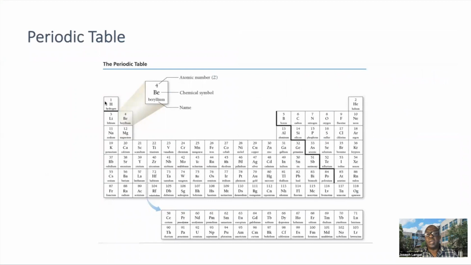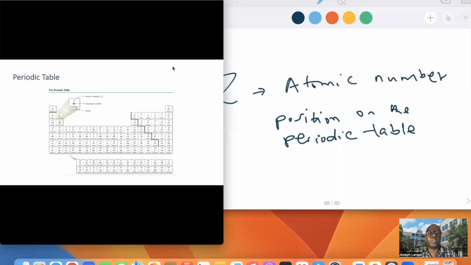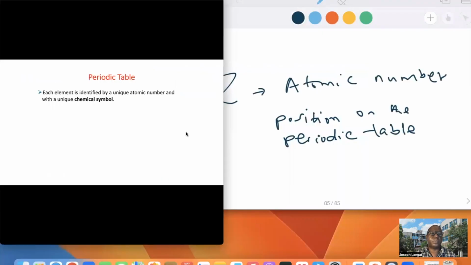Learn the names as early as you can. Here on this slide, I have the periodic table with the names as well as the chemical symbols. You should get started with learning those elements and their positions on the periodic table.